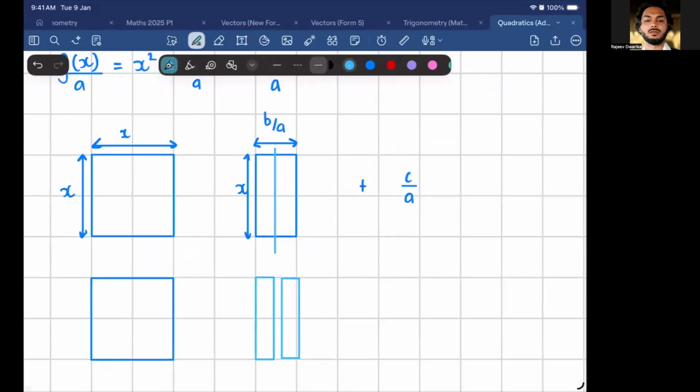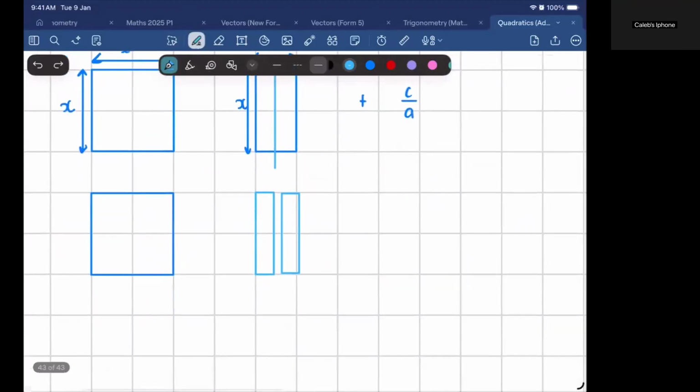What would be their length? B over a x. No, the length. X. It'd be x for both of them, correct? Yes.